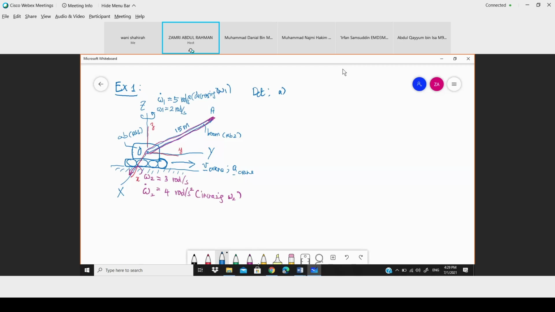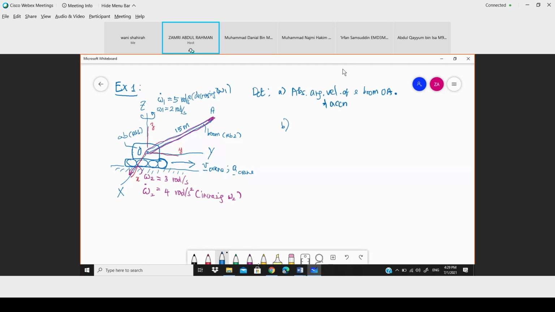Part A, we would like to find the absolute angular velocity of the boom, OA, and hence the absolute angular acceleration.